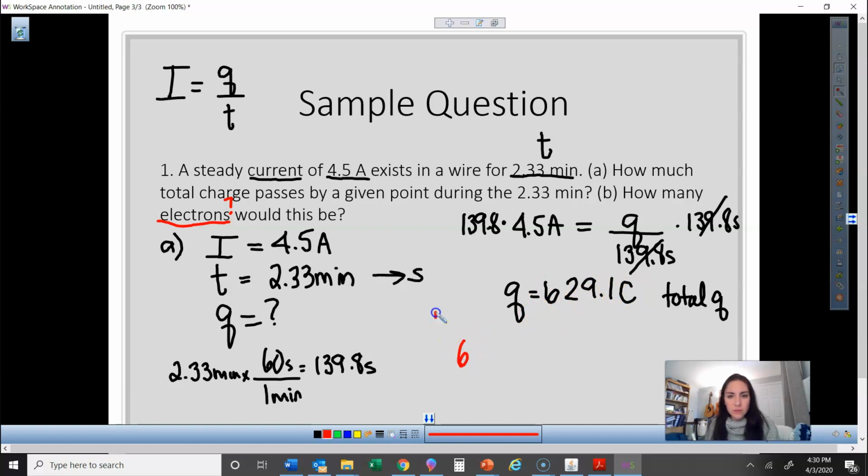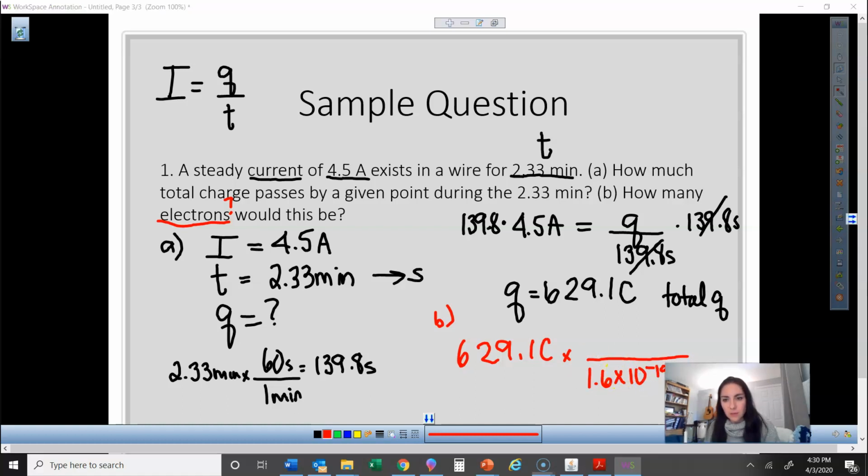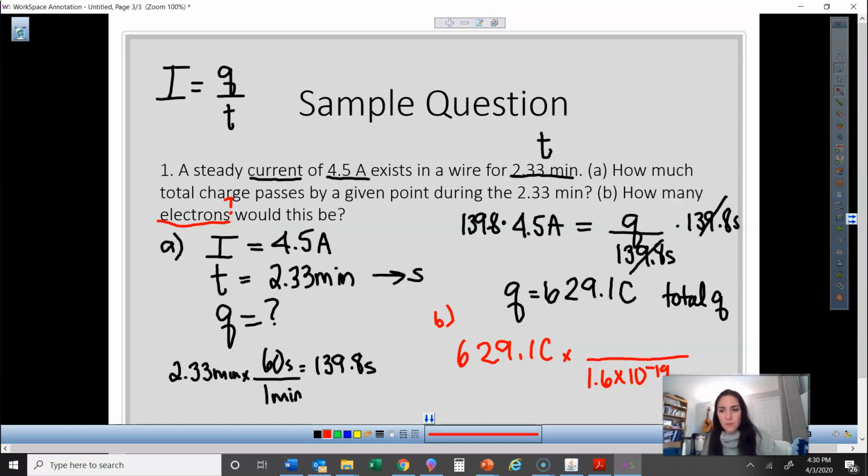So this is part B, 629.1 coulombs of charge times, there are 1.6 times 10 to the negative 19 coulombs of charge for every 1 electron. Now, I should be official here. Technically, this should be negative, simply because we're talking about electrons here. And this is negative, and this is negative, which makes this a positive answer.